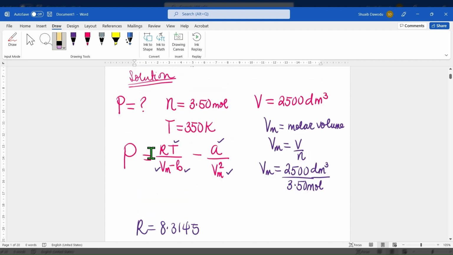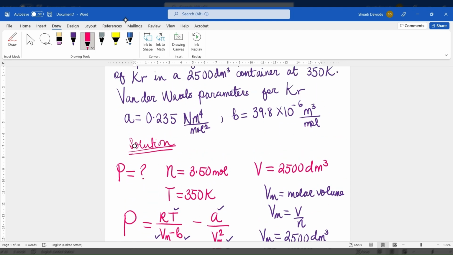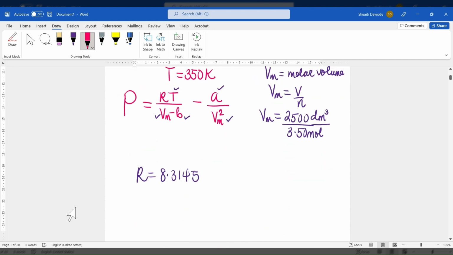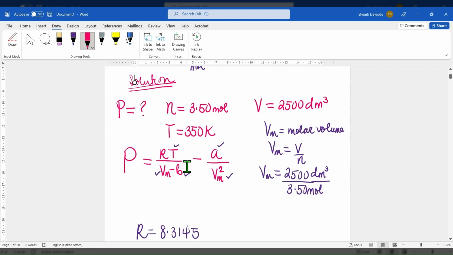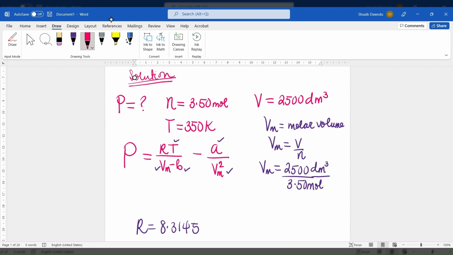When we look at the values for A and B that we're given, we have Newton meter to the power of 4, and here we have meter cube per mole. So I'm going to stick to using 8.3145 because the units will be easier to match. You might wonder why we can't use 2,500 decimeter cube.